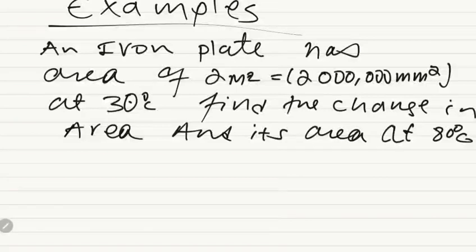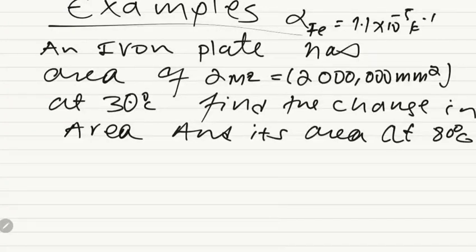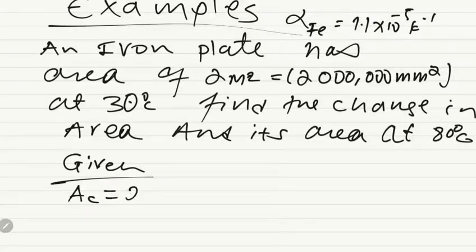An iron plate, alpha for iron is 1.1 times 10 to the power of minus 5 K to the power of minus 1. So we are given the following things. The area at the colder temperature is 2 times 10 to the power of 6 millimeter square, 2 million millimeter square.